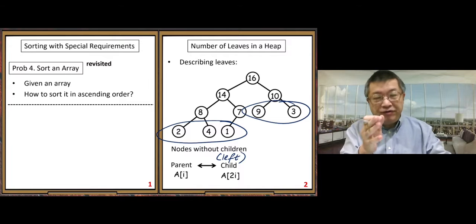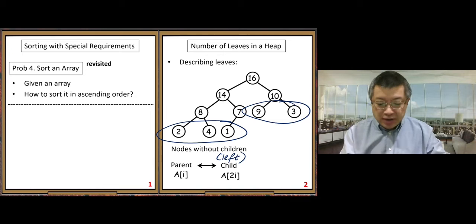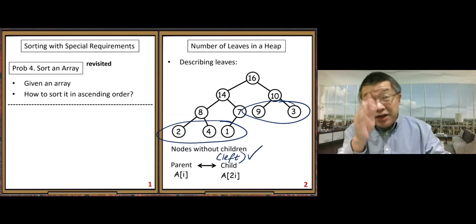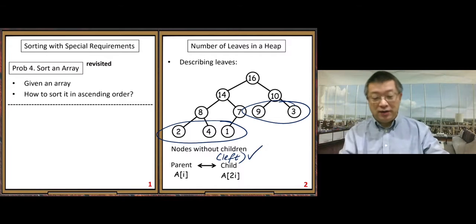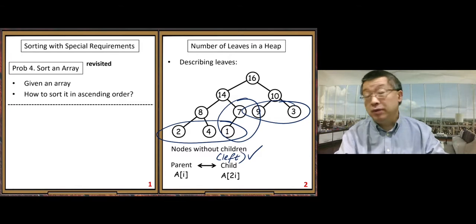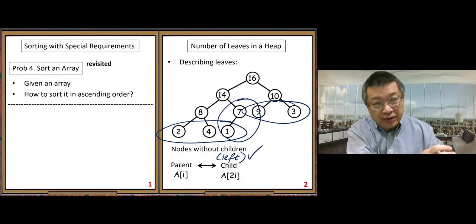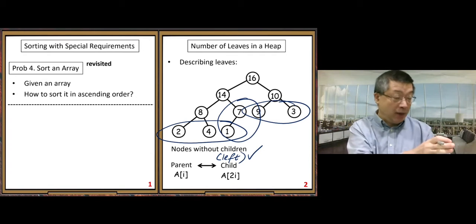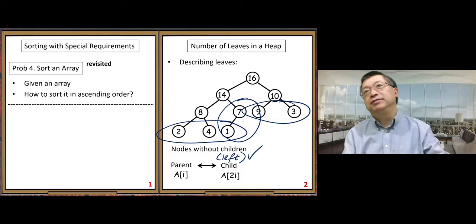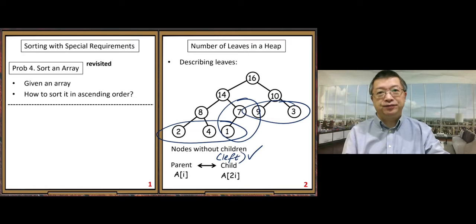Because if a node has a child node, it must have the left child, but not necessarily the right child. For example, this node has a left child, but it does not have a right child. So we cannot use the right child here, but we can use the left child. If it has a child, it must have a left child.